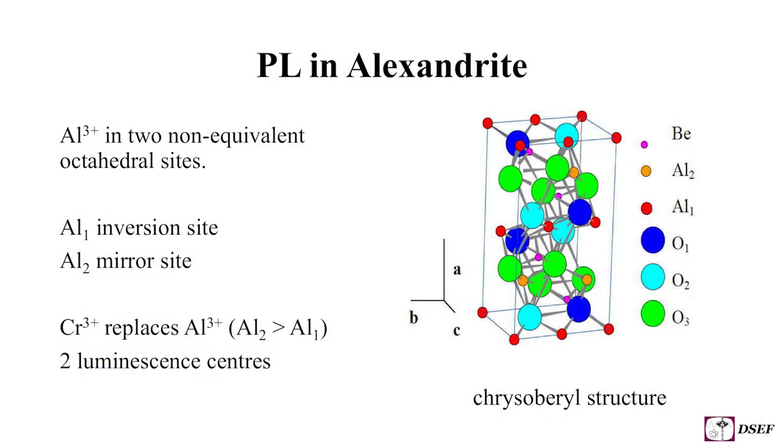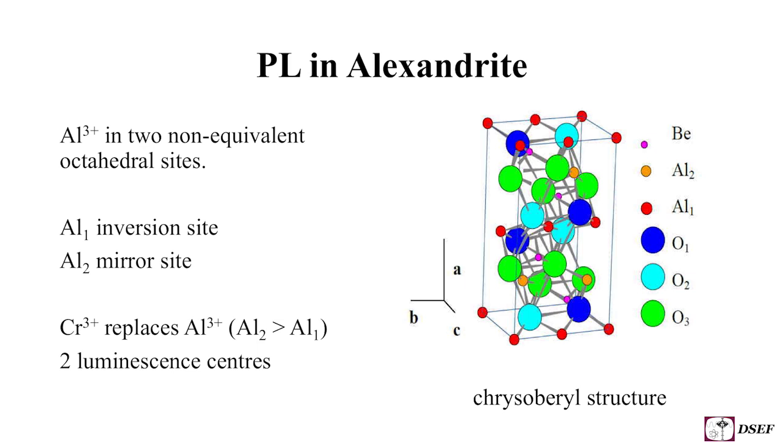Now, we recently had a closer look at the photoluminescence in alexandrite. Alexandrite is orthorhombic and crystallizes in the olivine structure, and important is that there are two non-equivalent octahedral sites in which aluminium can sit in the structure.